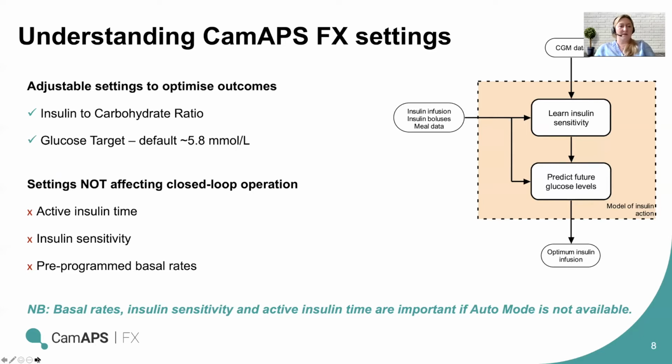Using much higher targets to start off with made a huge difference for her. And the settings that don't make any difference in closed loop operation are the active insulin time, the sensitivity, and those pre-programmed basal rates, but they all need to be set, because if the system comes out of auto mode, then the pump will revert back to those normal settings.